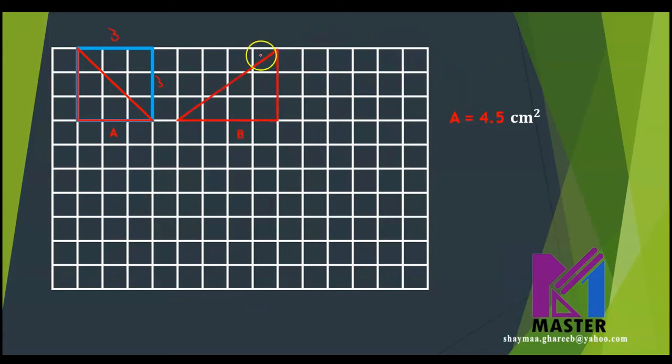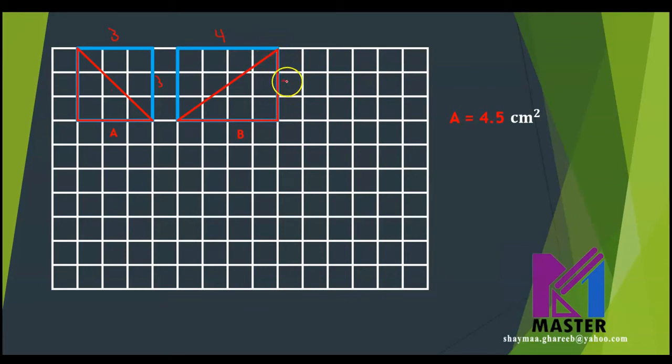Let's see one more shape. It's another triangle. So I will complete this triangle to be, in this case, a rectangle, as you can see. In order to calculate its area, I can calculate the area of this rectangle, the blue one, then divide it by 2. In this rectangle, the length is 4, 1, 2, 3, 4, and the width is 1, 2, 3.